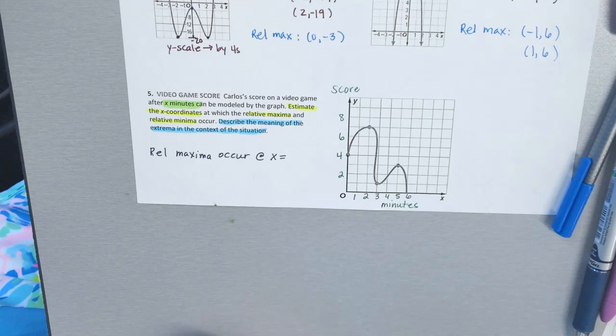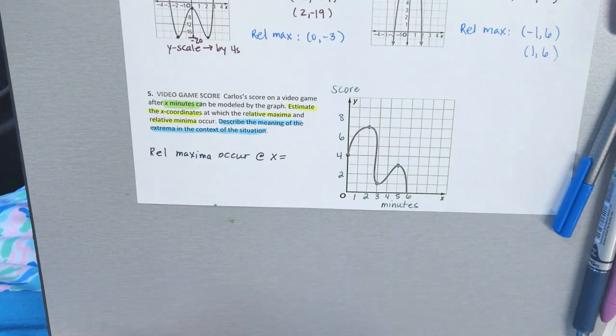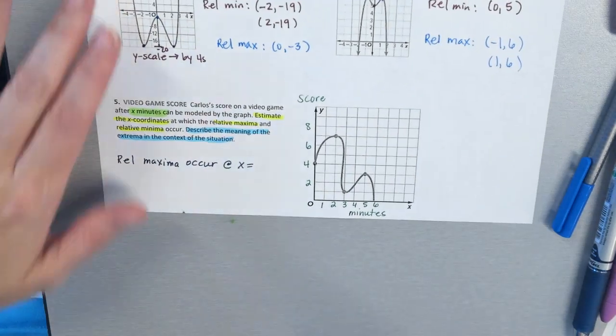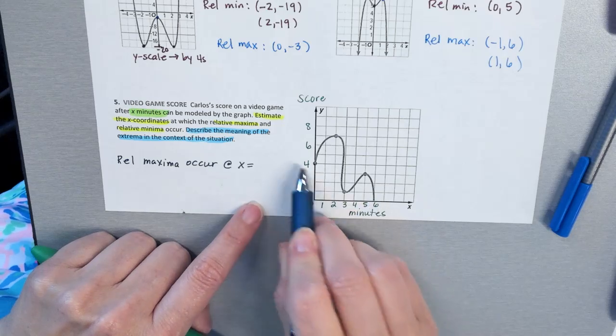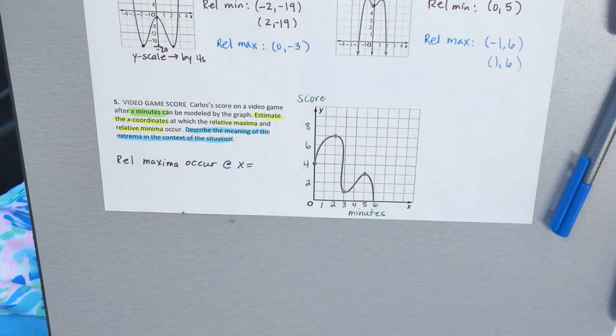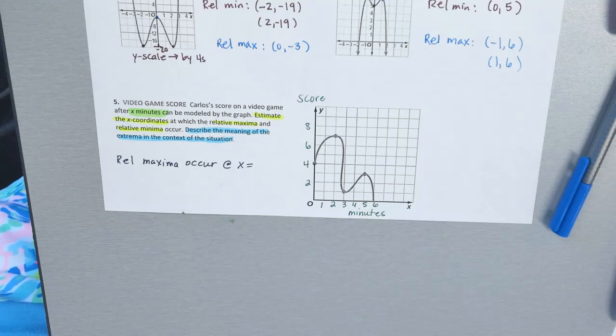Okay, so now we're going to find the relative maxima. Now, the relative maxima and the relative minima are not going to be at the start or at the end of the graph. It's going to be in between the starting and the ending value. So do you guys think that you could label on the chart where the maxes are and where the mins are?